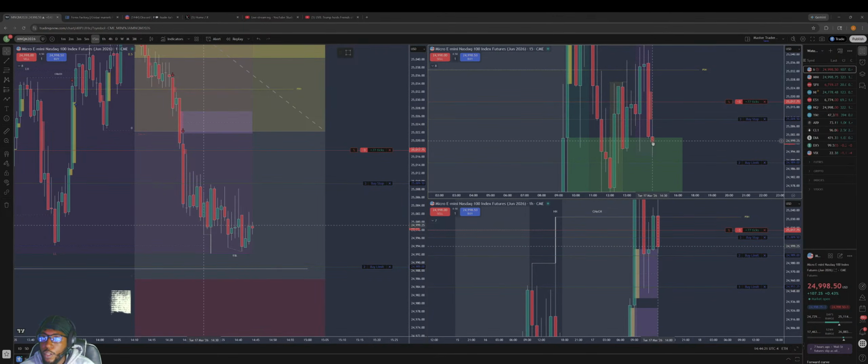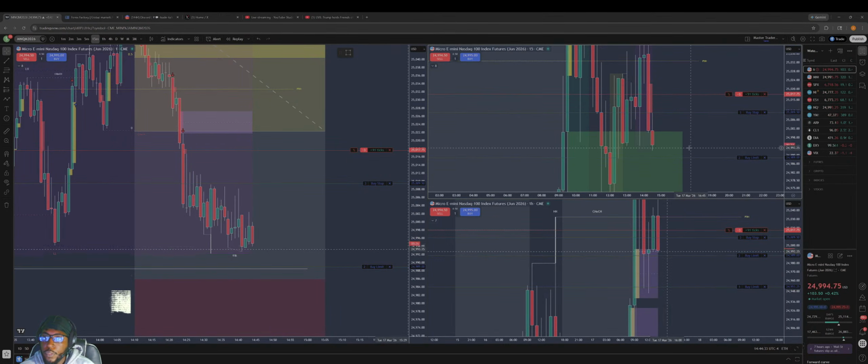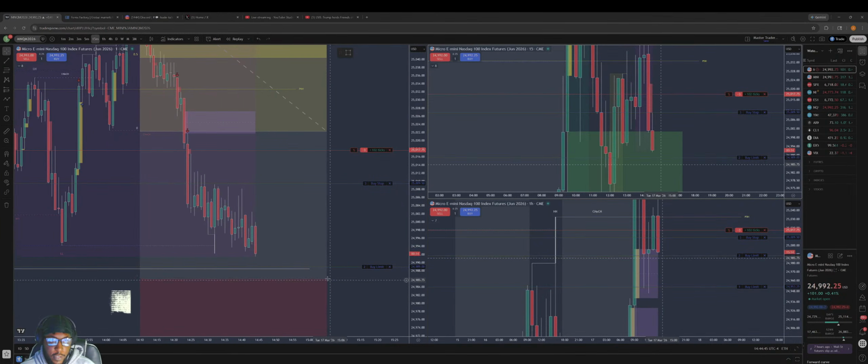I don't want to close back near this high. I want us to close at least closer to this low, because that'll give us more indication that we're still going to go lower from here. I want to see this get heavy. See how we're getting heavy in the final minutes of this candle. I want to see it continue to stay heavy. Come on, sellers.